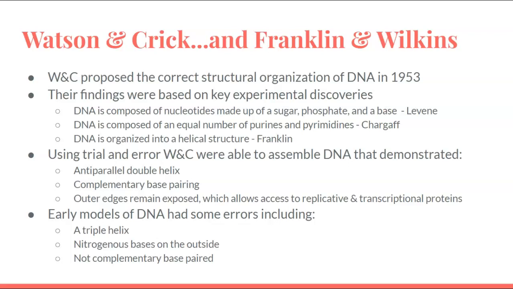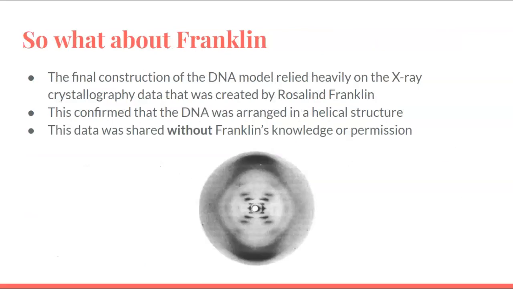Now, why am I bringing all this up about Franklin at the beginning? Well, because the final construction of DNA that Watson and Crick so famously got credit for almost exclusively relied on the crystallography data that Rosalind Franklin produced.